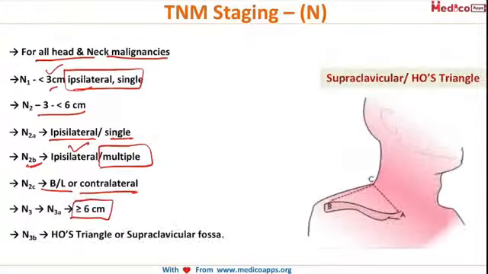N3A includes growth greater than 6 centimeters, and N3B includes the involvement of the host triangle or the supraclavicular fossa. So this is the location of the host triangle or the supraclavicular fossa. Okay, so this is nothing but an indentation immediately above the clavicle. This is the supraclavicular fossa or the host triangle.